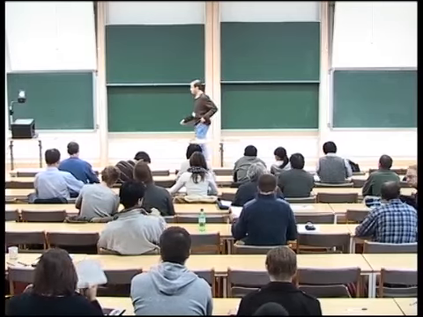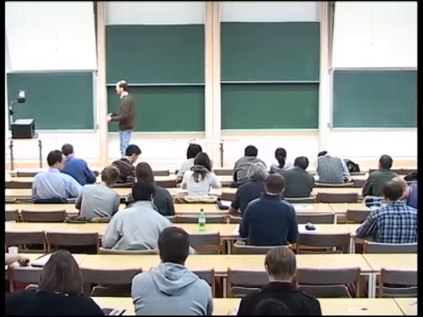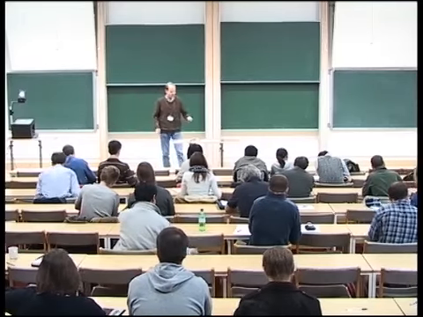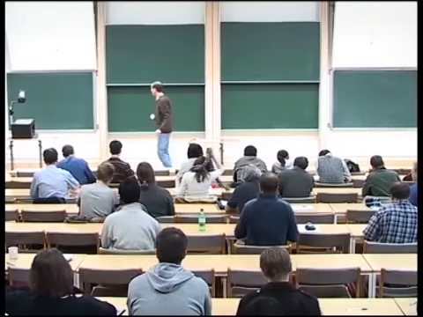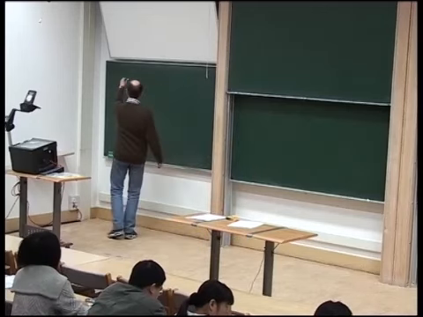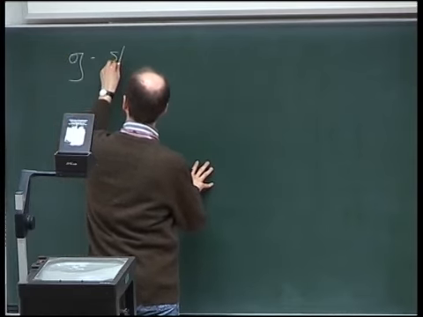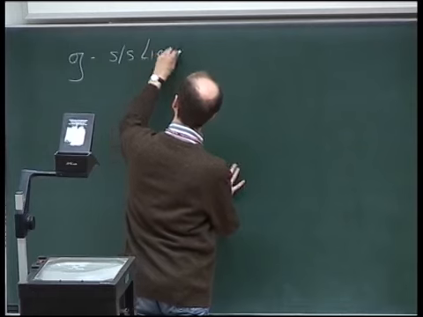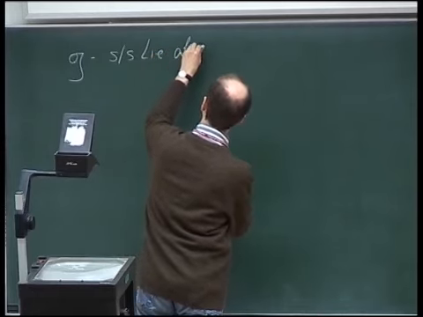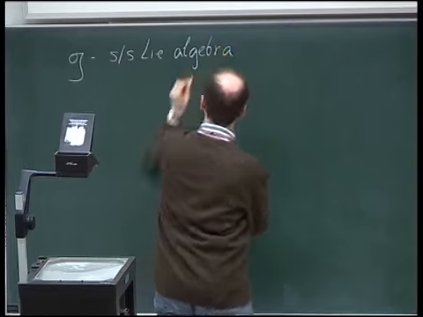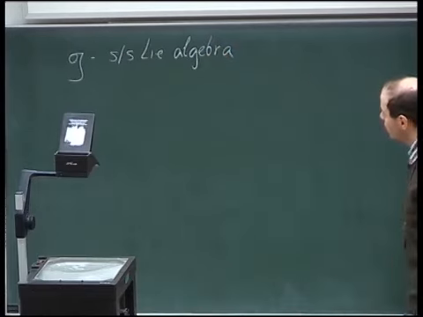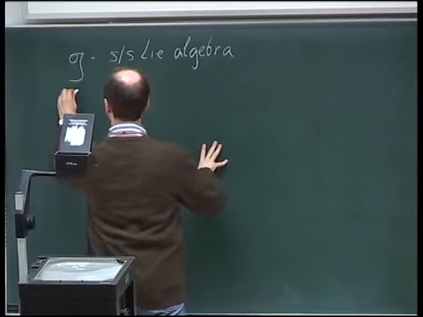Okay, so let me recall the setting we used yesterday. G is a semi-simple Lie algebra. Then I have fixed an important element.